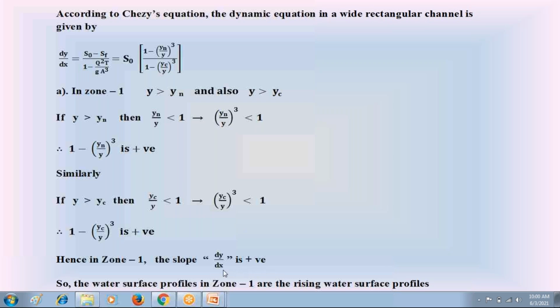We know that when the slope is positive, the water surface profile is a rising water surface profile.